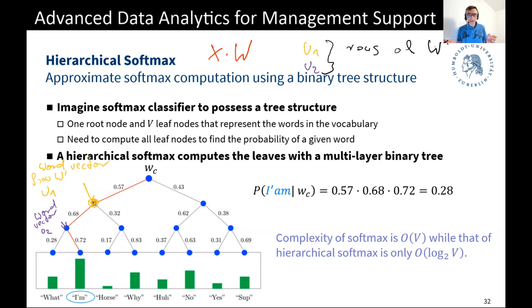But still, walking down this binary tree, the number of steps that we make and the number of word vectors that we update per iteration will be a lot less compared to doing full softmax. The complexity of softmax is basically order V, where V is the vocabulary, and in a hierarchical tree, convince yourself, that is only log 2 of V. So it's a lot quicker to compute, because we update fewer word vectors, as with negative sampling.